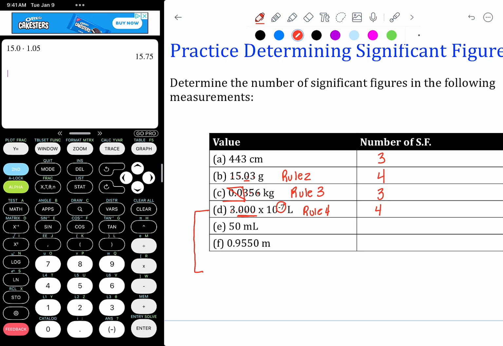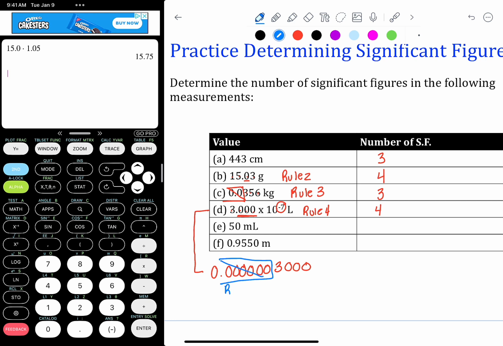If I were to write this from scientific notation to its actual number, this would be 0.000003000. That is that number. So Rule 3 tells us that all of these zeros before our first non-zero digit are non-significant.